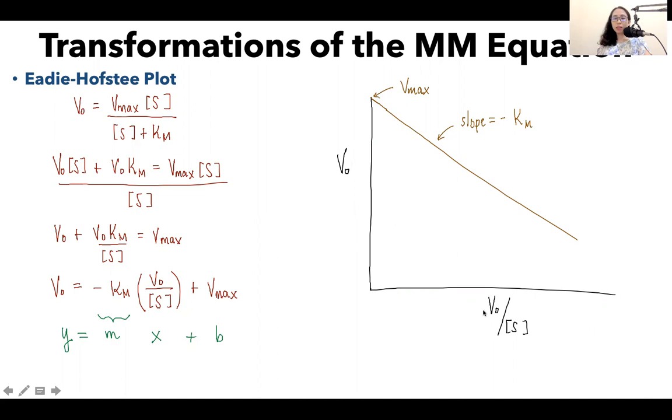On the x-axis, we plot a value using the initial velocity, which is a dependent variable. So we now have errors both on the y-axis and on the x-axis, which is different from the Lineweaver-Burk equation because in there, you have the reciprocal of the substrate concentration on the x-axis, and that is not a dependent variable. Your substrate concentration is an independent variable.